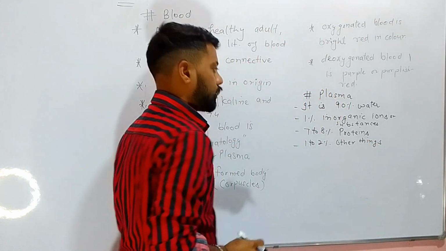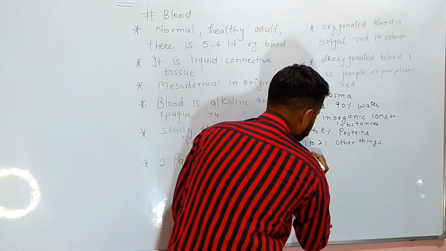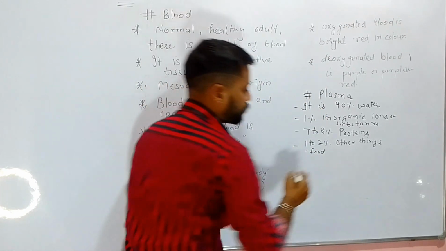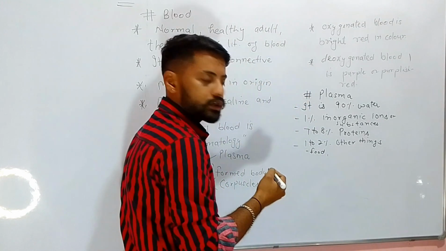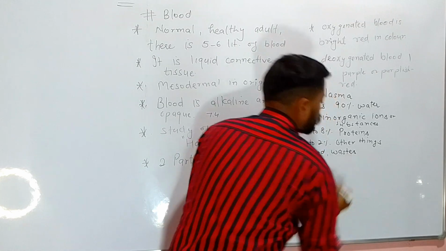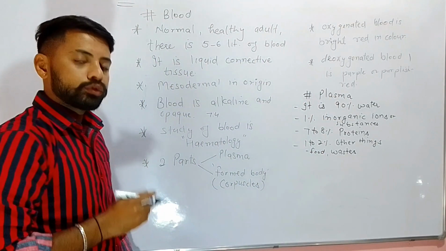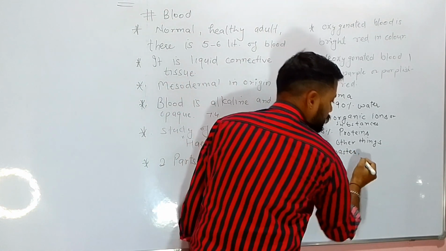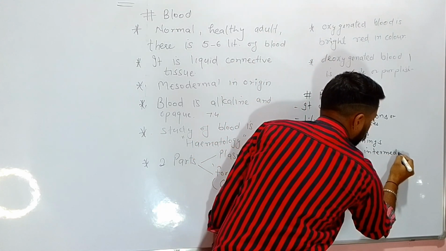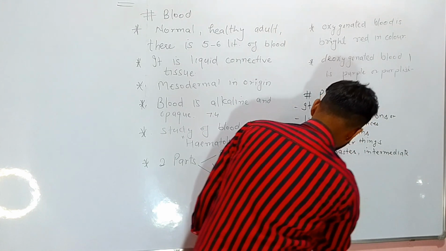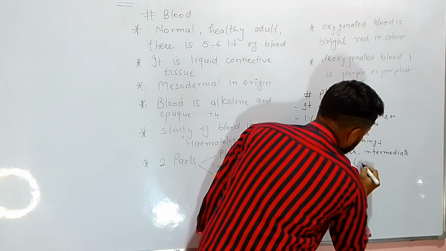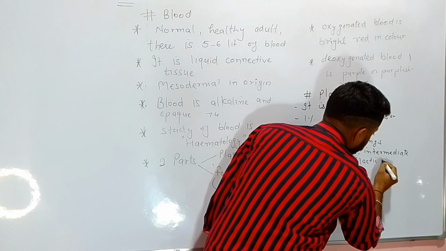And these other things include the food which has been absorbed into the blood, nitrogenous wastes like urea which is transported in the blood to the kidney, and some intermediate compounds like lactic acid.